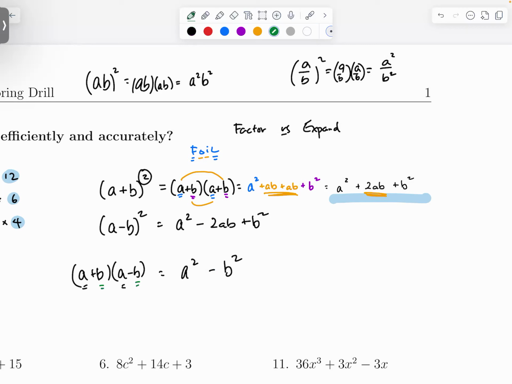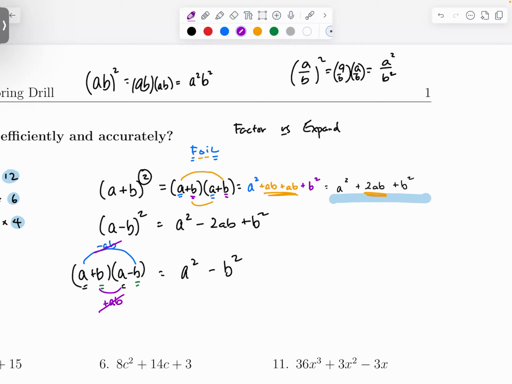Last, negative B squared. When you actually do your outer and the inner, you will see that they cancel each other out. So that's how we do it. These are so-called special cases. You've got to be very sensitive.